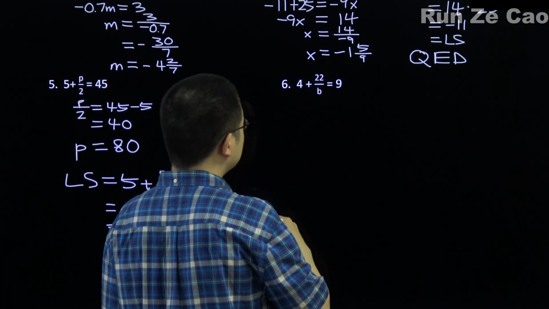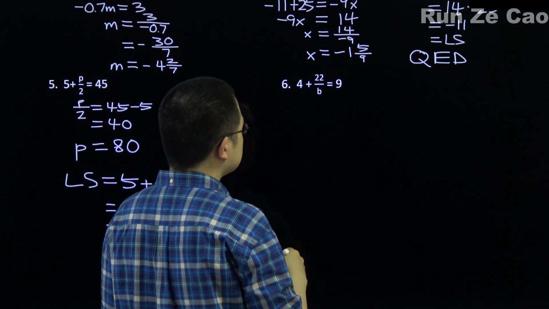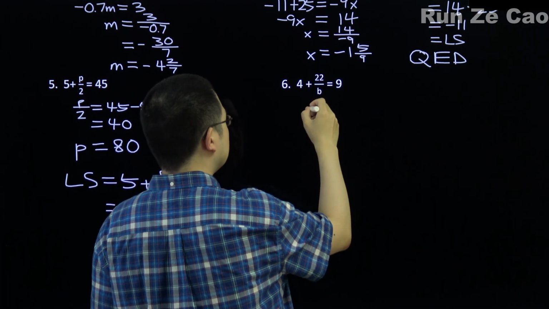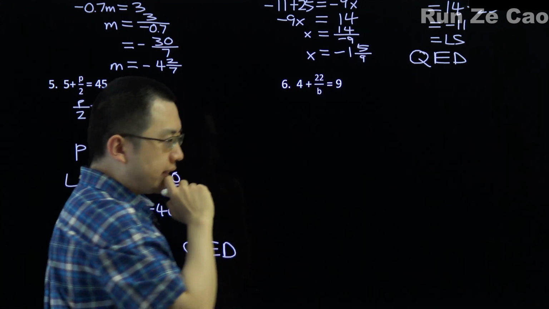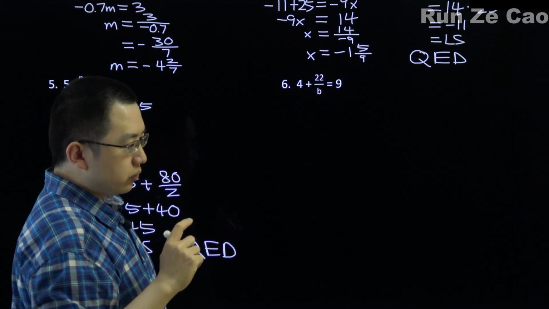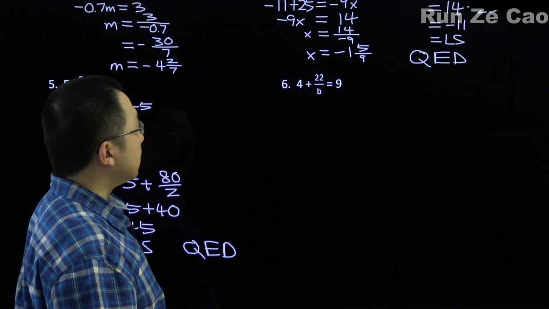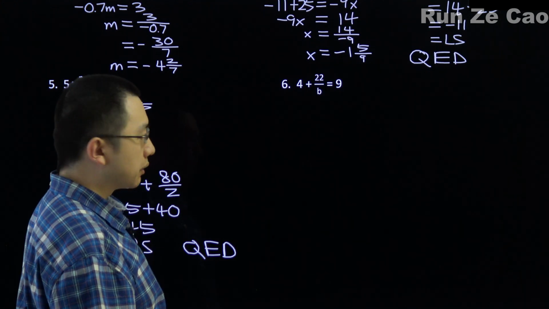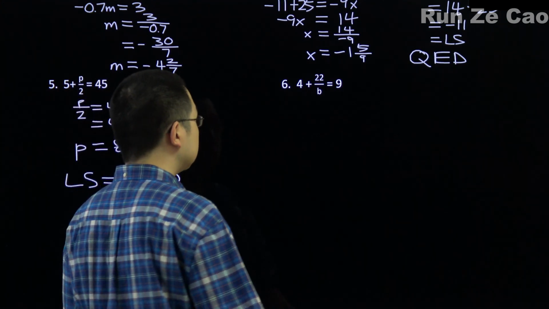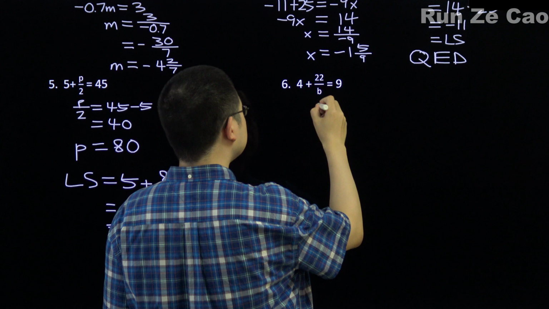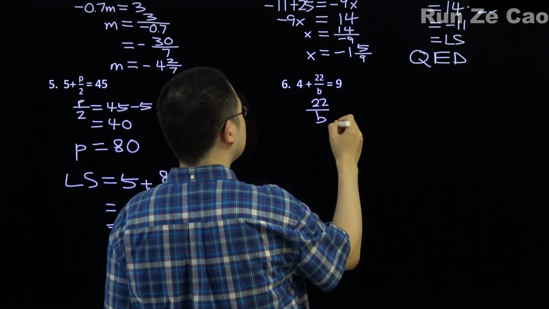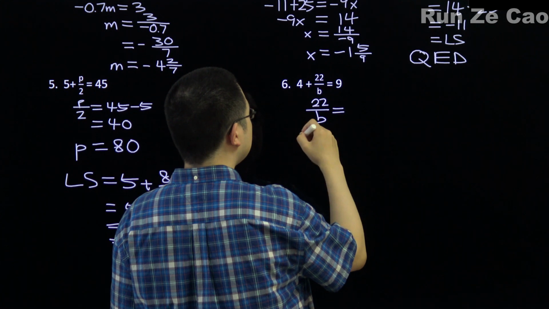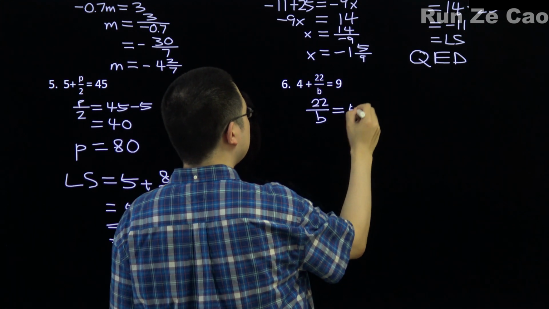4 plus 22 over b equals 9. Well, you could multiply everything by b right off the bat. I mean, that would work. Or, you can find 22 over b is equal to 9 minus 4, which is 5.